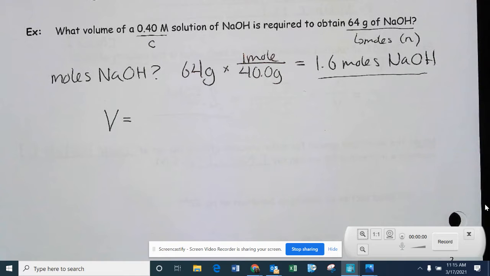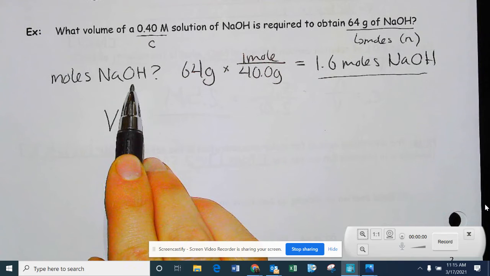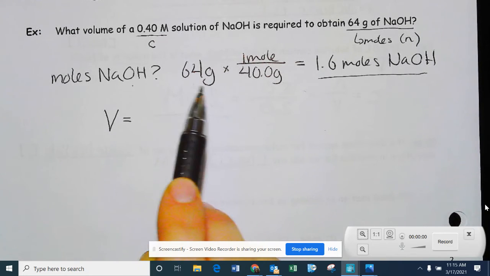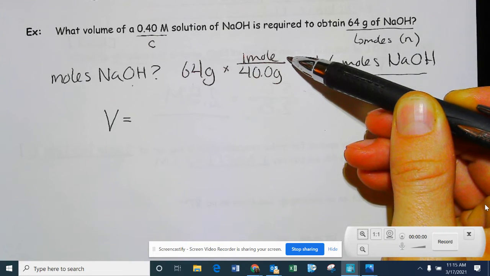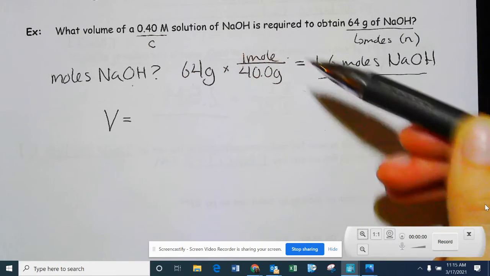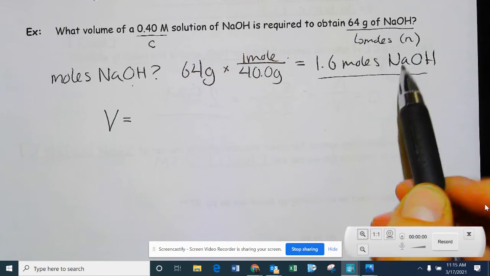All right. So let's just run through this. I need the moles of sodium hydroxide. So I've got 64 grams. My molar mass of it is 40 grams per mole. So I should have 1.6 moles of it.